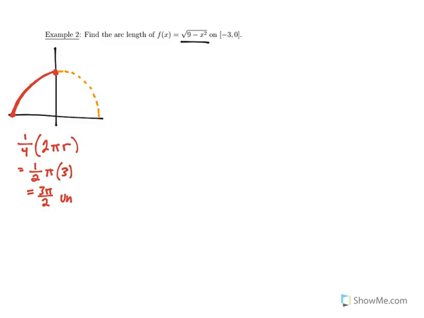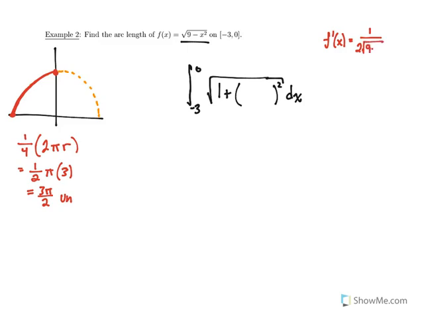Using the formula, we would have that the arc length is the integral from -3 to 0, square root of 1 plus the derivative squared dx, where the derivative, we have to use the chain rule here, is going to be 1/2 square root 9 minus x squared times -2x.